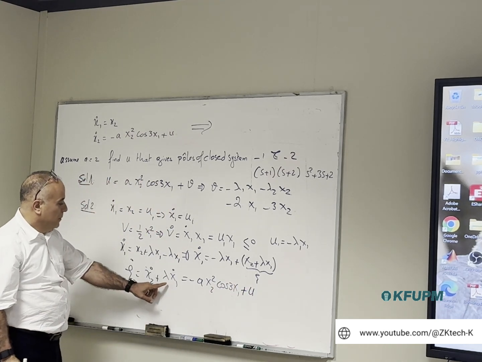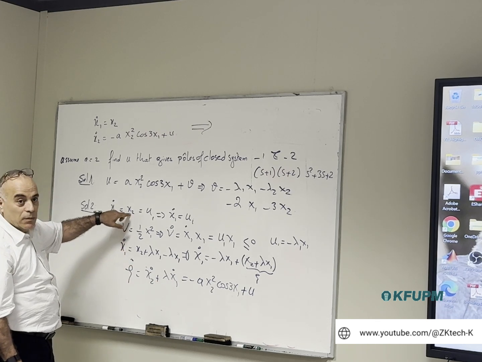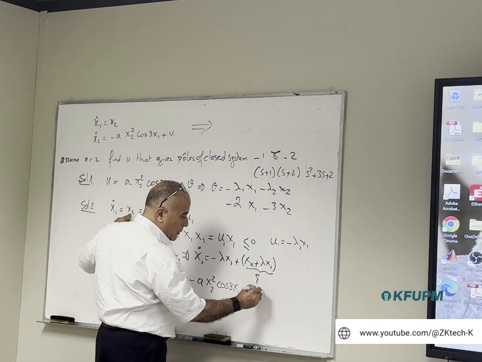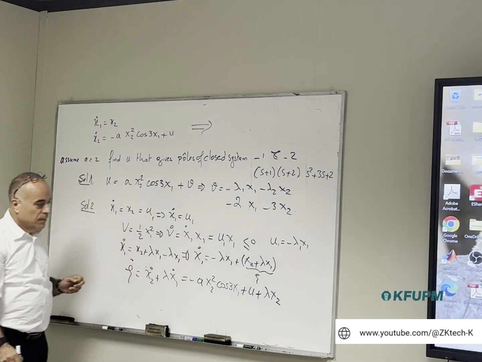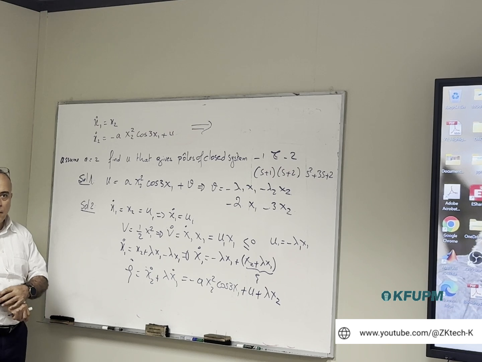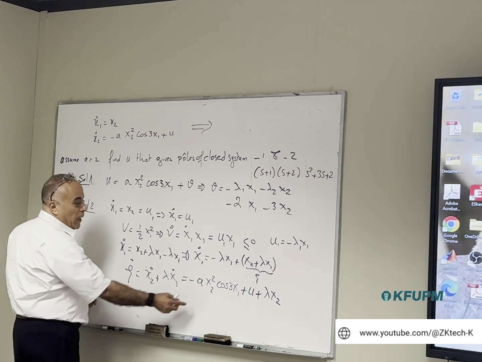For lambda x1 prime, we put x1 prime equal to x2 here, right? So I can put here plus lambda x2. Do you agree with this? Fine. So now I go to find u.